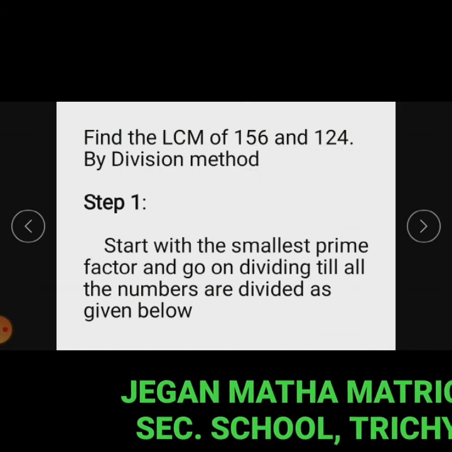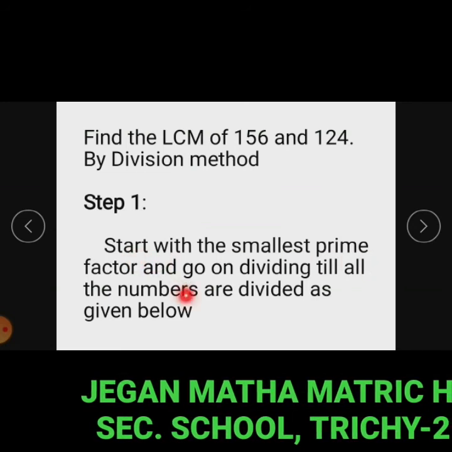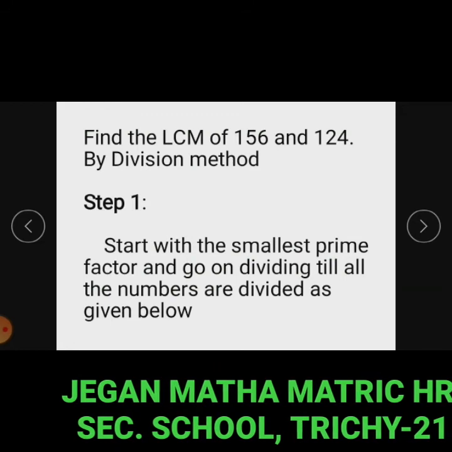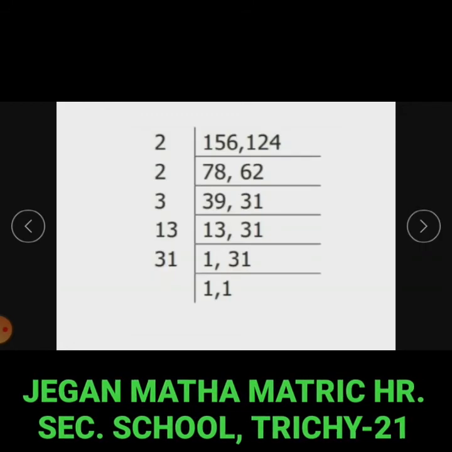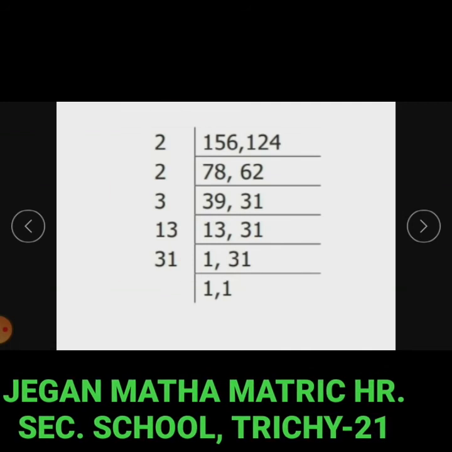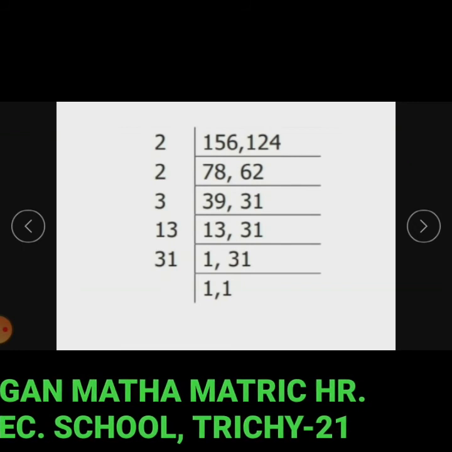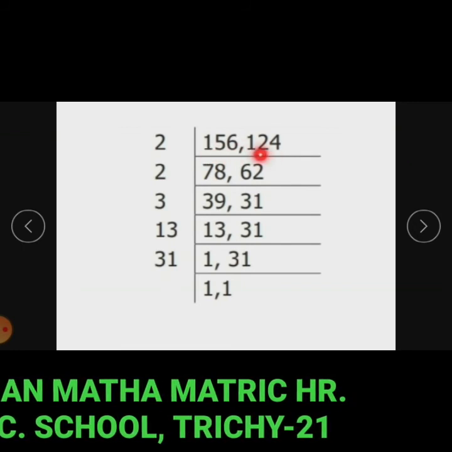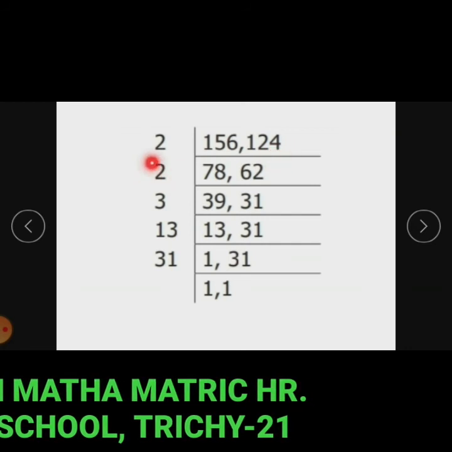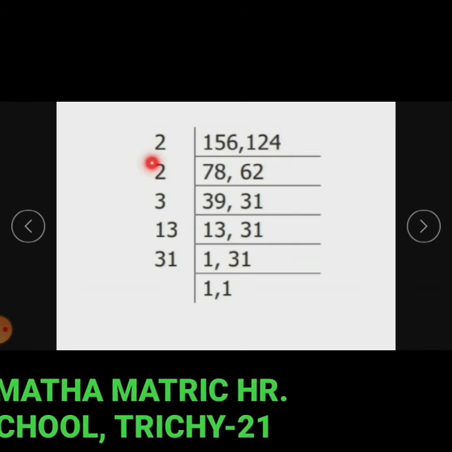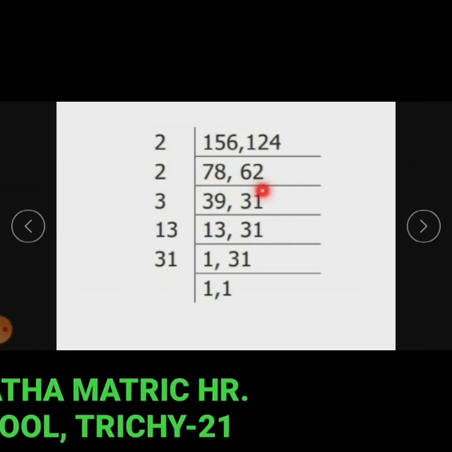Step 1. Start with the smallest prime factor and go on dividing till all the numbers are divided, as given below. Now, we find the prime factors of 156 and 124 by the division method. 156 and 124 both are even numbers. So, 156 and 124 divided by 2, we get 78 and 62.